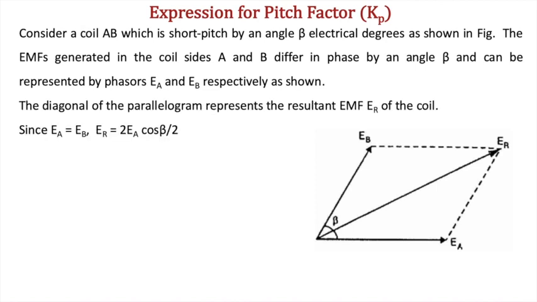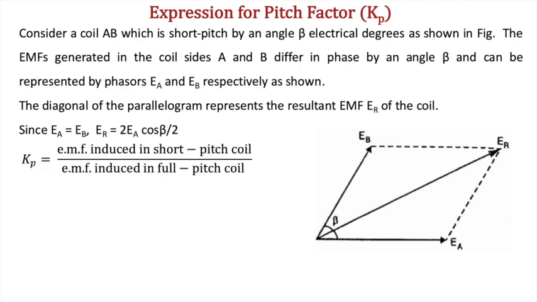The resultant EMF will be the phasor sum of EA and EB, which can be mathematically given as ER equals 2 EA cos beta by 2, because EA will be equal to EB. So as per the expression before, we will substitute the values and we get Kp equal to cos beta by 2.